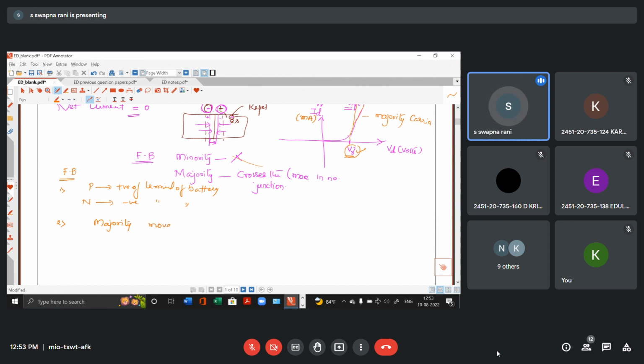Majority moves towards the junction, and minority charge carriers move away from the junction.